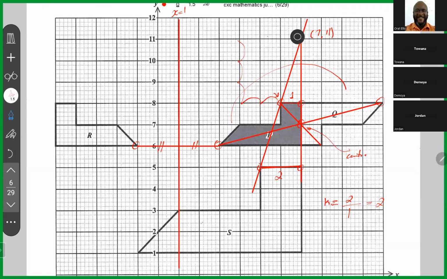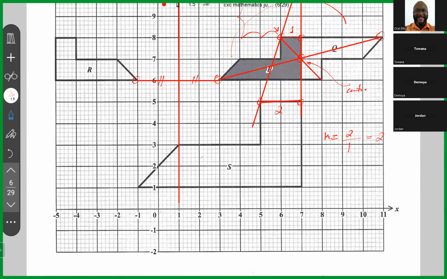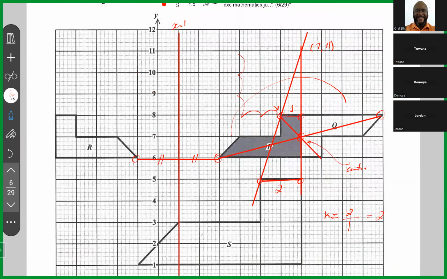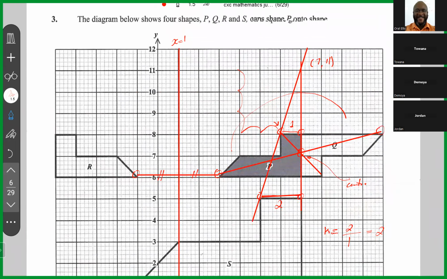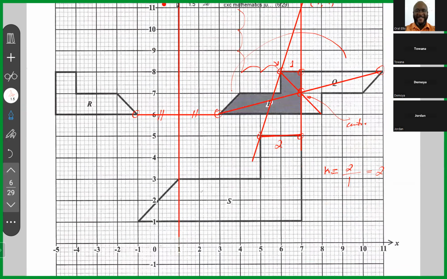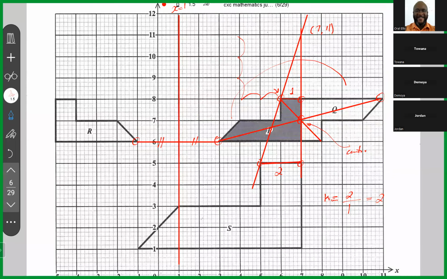That is going to become the image or the new position of that point. All right, and that new position is what? 4, 11. So the point 6, 8 is going to move to 4, 11. 2 units to the left and 3 units up.